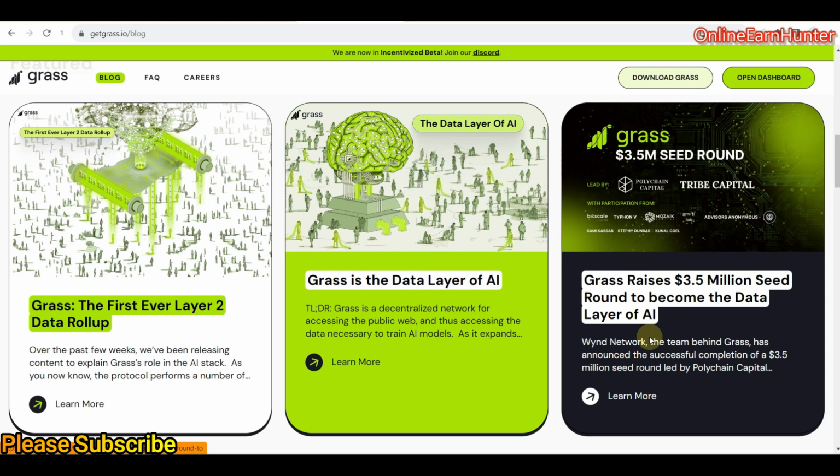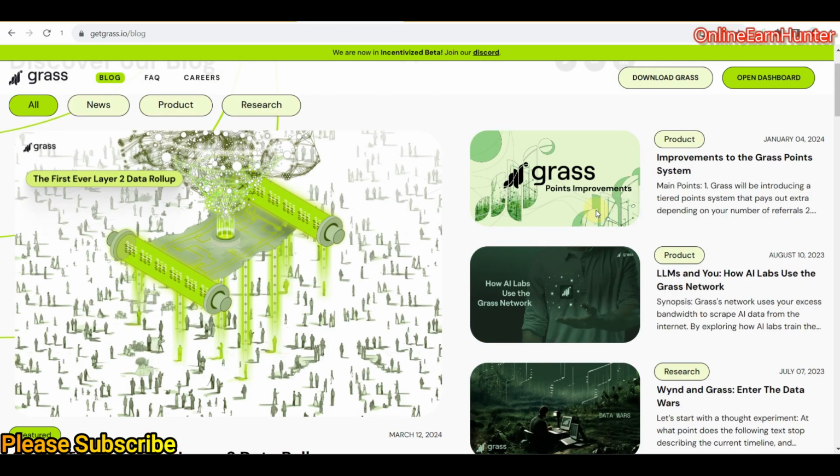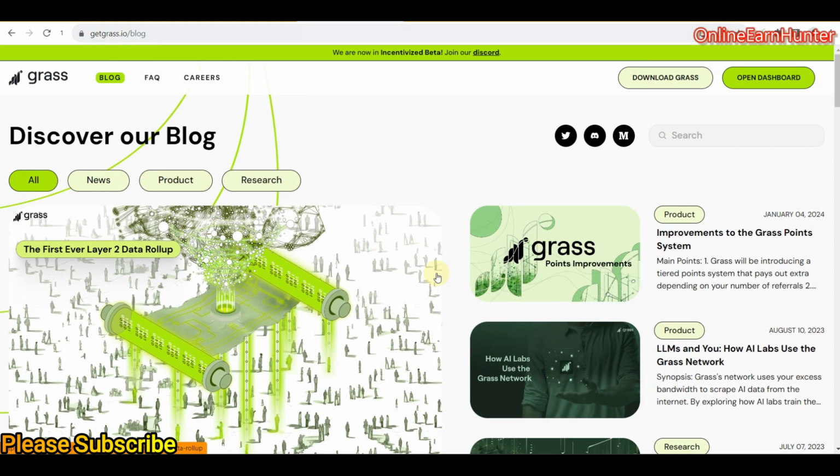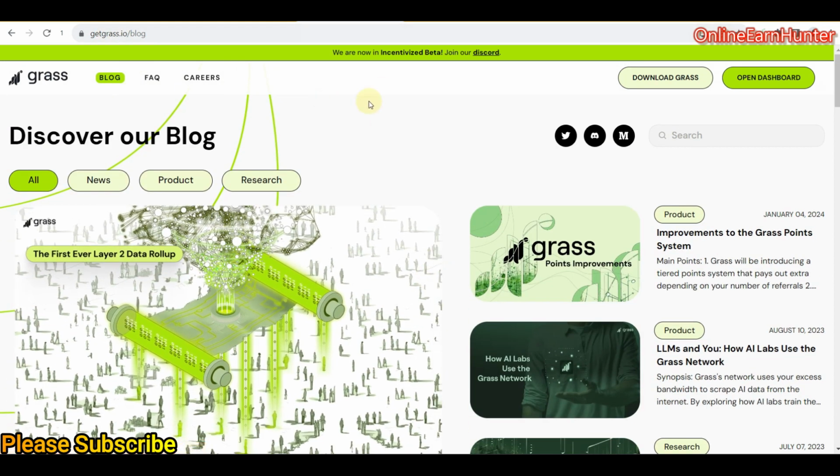So you can be assured that an airdrop from Grass or the GetGrass platform is going to be very, very beneficial and lucrative, and you don't have to invest anything.